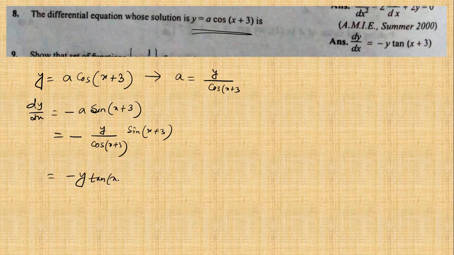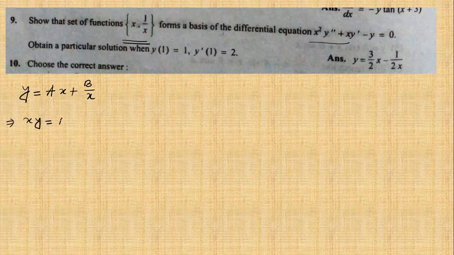You can write a equals y by cos(x plus 3), and put it here with sin(x plus 3). So this will be tan: dy/dx will be minus y tan(x plus 3).